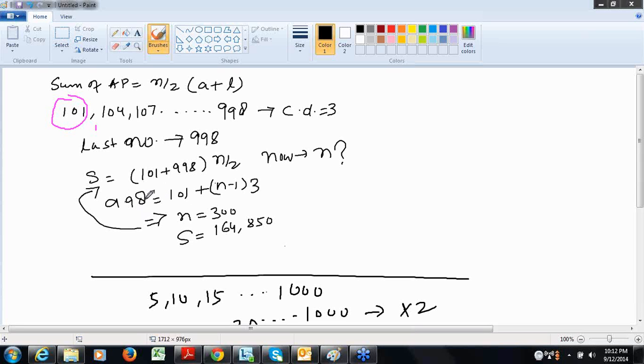So N is found as 998 equals 101 plus (N minus 1) into 3. Solving this equation we find N is equal to 300. Put this value of 300 back into the formula. What do you get? S is equal to 164850. Does anybody have a problem with this? Do you want me to explain it once again? It's a simple sitter question.